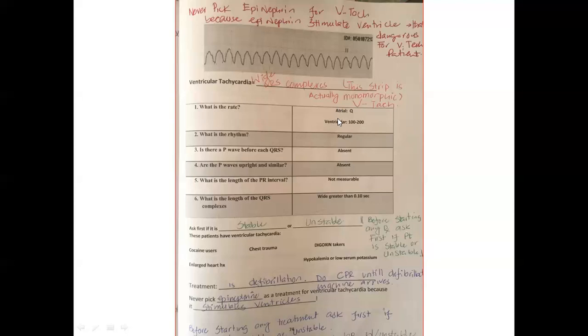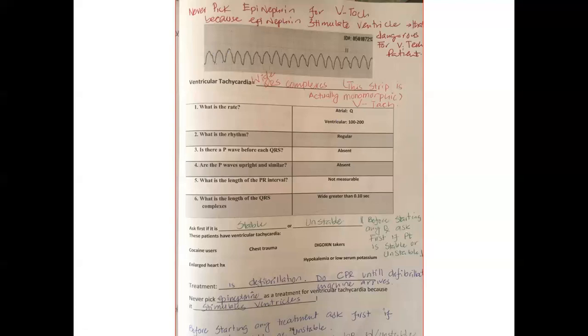Usually the rate is 100 to 200 beats per minute. And what is the rhythm? The rhythm is regular because the space between two complexes is normal.